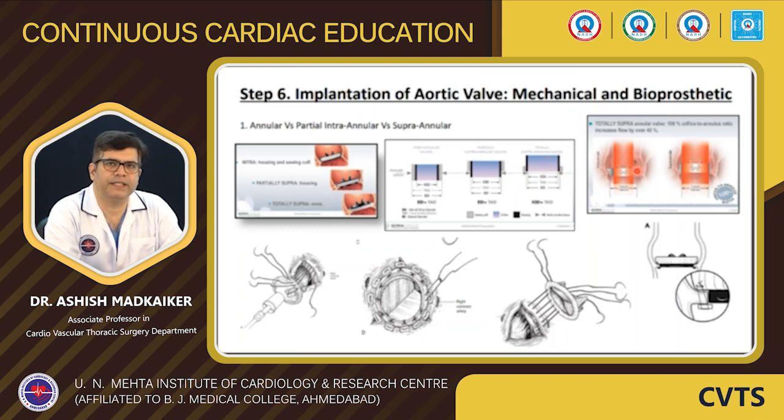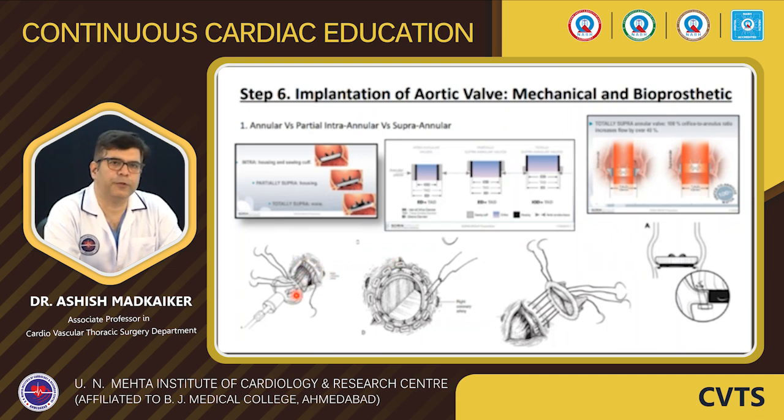This will be clear if we see the jet of blood that is shown here with the intraannular valve as compared to that of a supraannular valve. So depending on the kind of valve placement, we may expect a better hemodynamic performance. And once we have decided this, accordingly we should take our stitches.